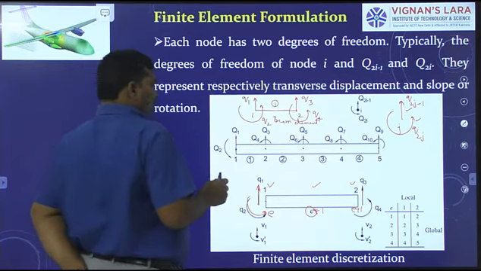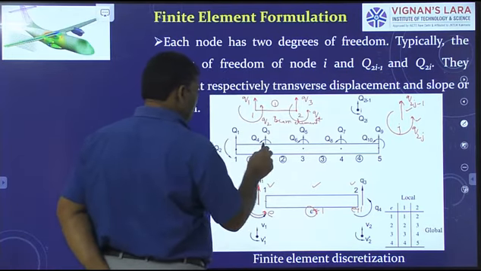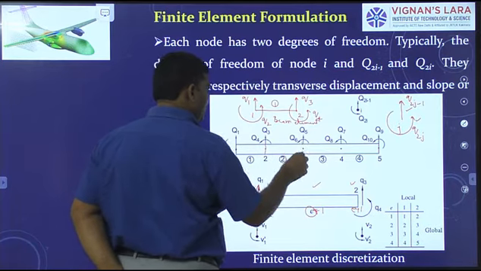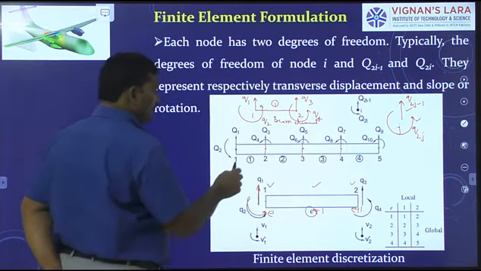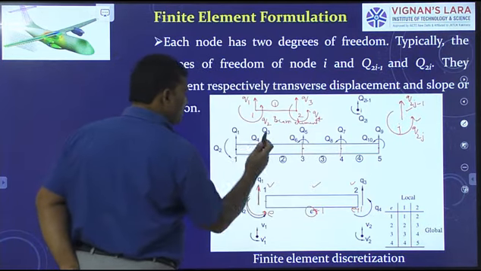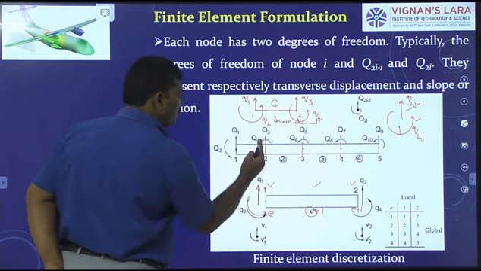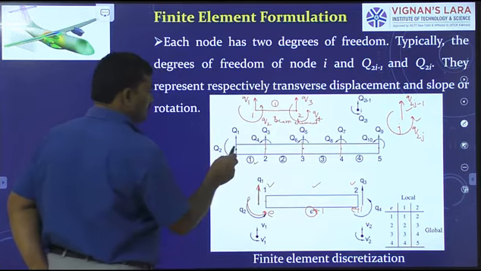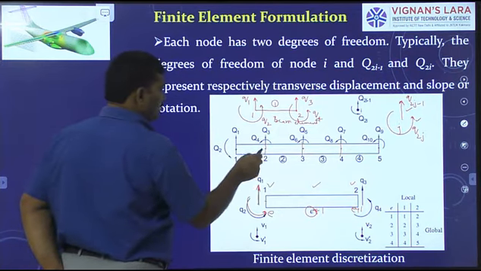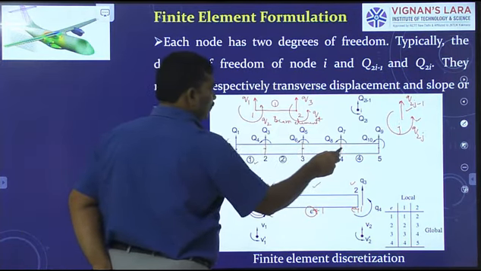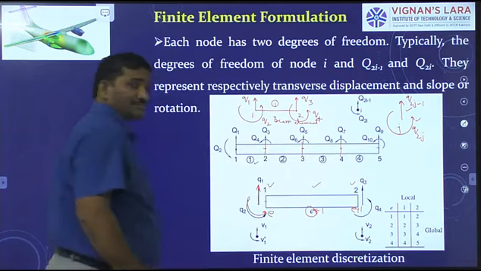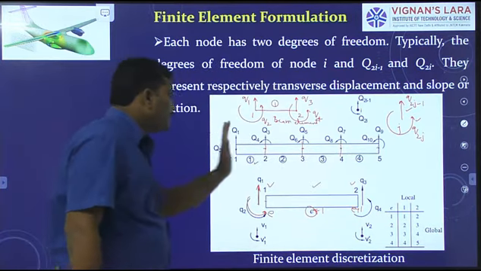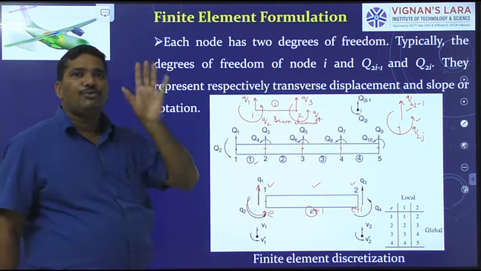Now, here the beam is divided like this into several elements. This is the first element from here to here, second element from here to here, third element, fourth element. This is first node, second node, third node, fourth node, fifth node. Here the entire beam represents a domain.